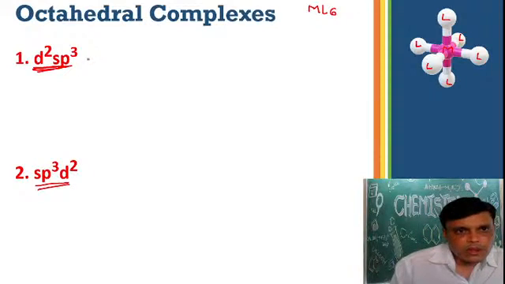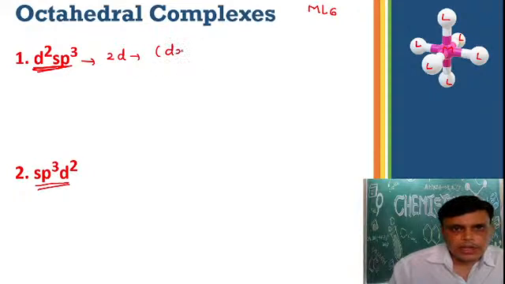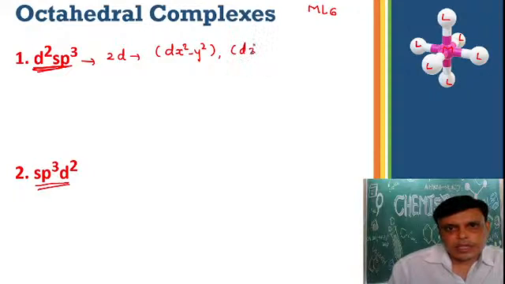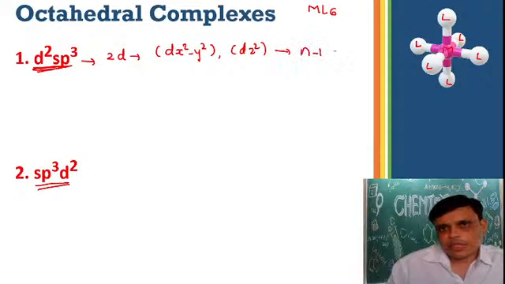Now here in the first case 2 d orbitals are involved. Which 2 d orbitals are involved? dx square minus y square and dz square. ठीक है. And these orbitals are from the (n minus 1) shell.